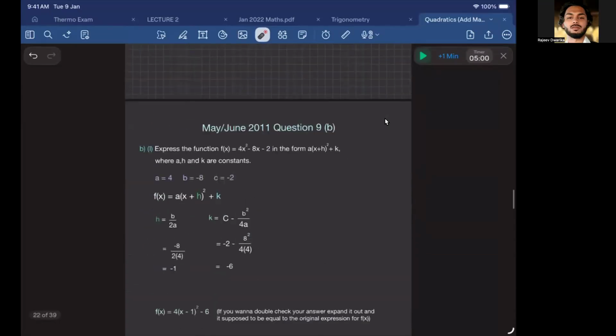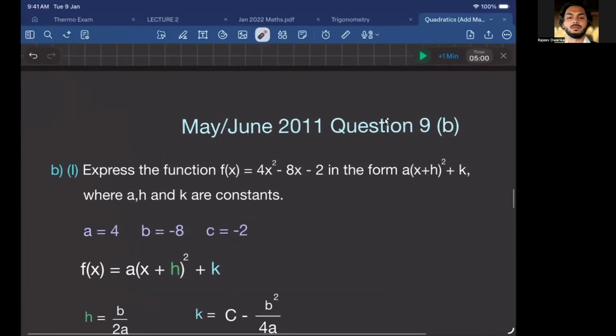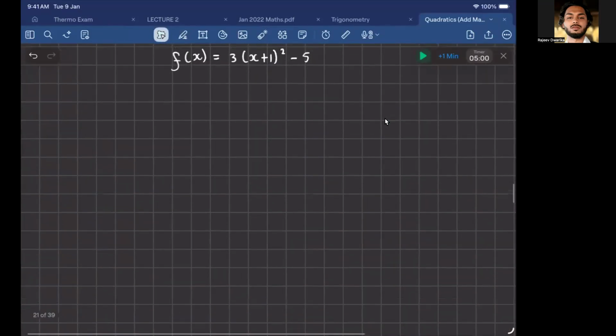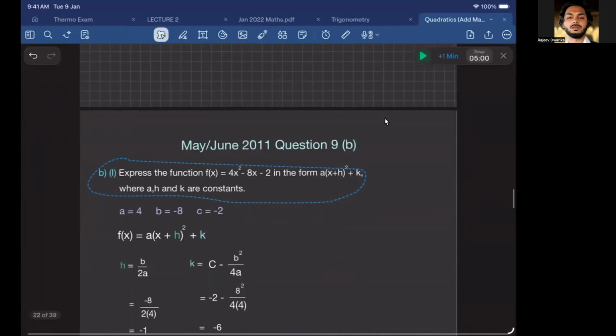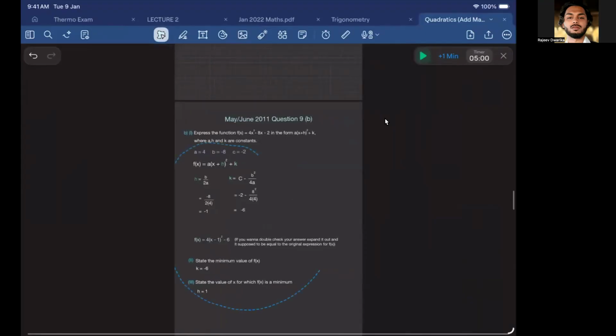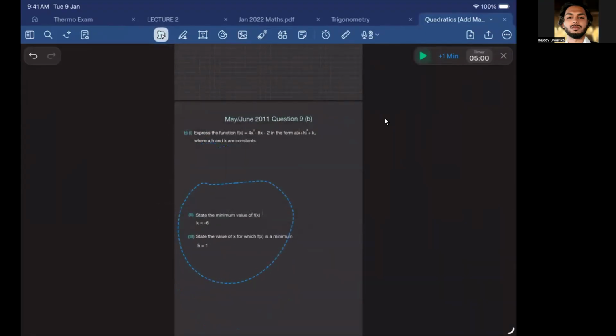Right. Well, let me try another example, right? So we have another question here. Okay. Before we do it with the diagram, I want you all to attempt the question by yourself.